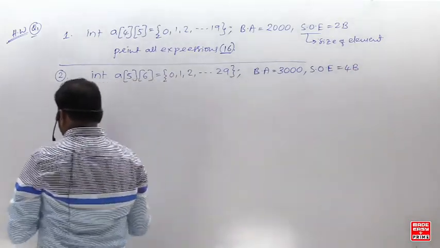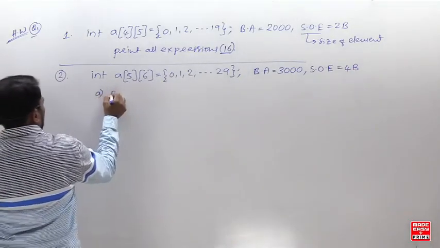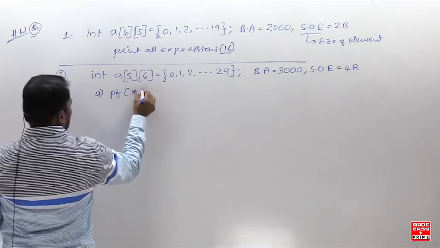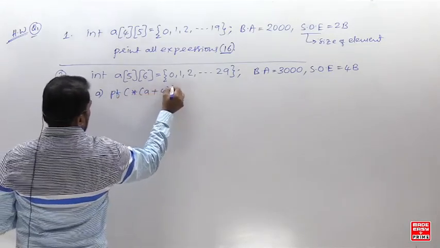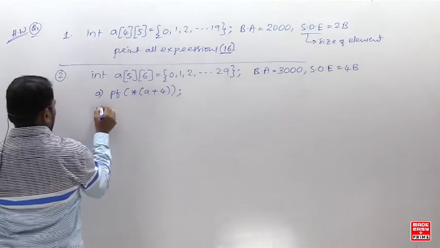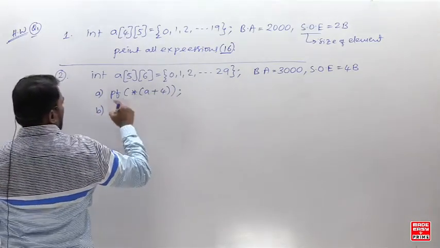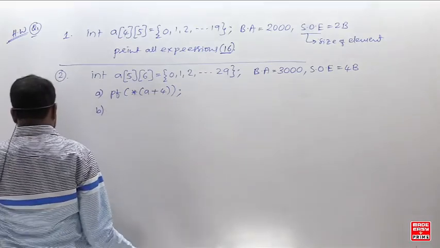These are the expressions you have to print: printf star a plus 4, printf a plus b whole star, a plus 4 whole star.